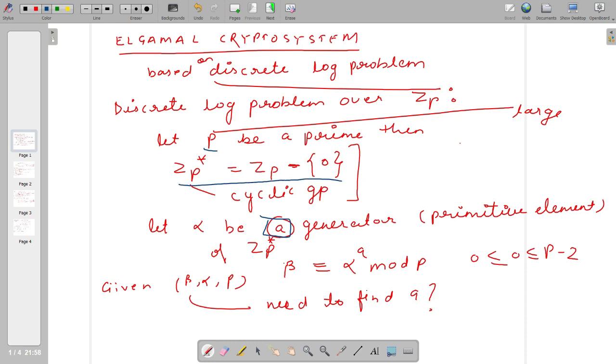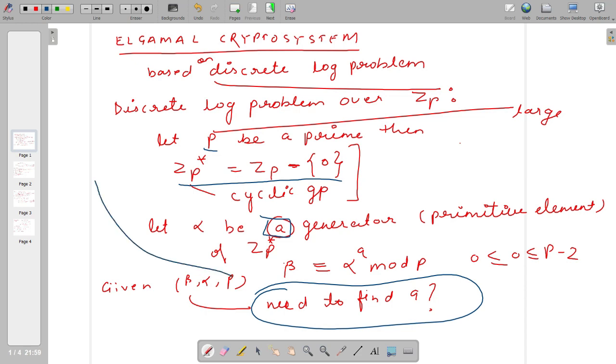Then let alpha be a generator, or primitive element, of Z_P*, and we select an A such that beta is congruent to alpha to the power a mod P. Here we need to find the value of A. The complexity of the algorithm which finds the value of A depends upon the value of P. The larger the P we select, the more difficult it will be to find the value of A, and this is called the discrete log problem.